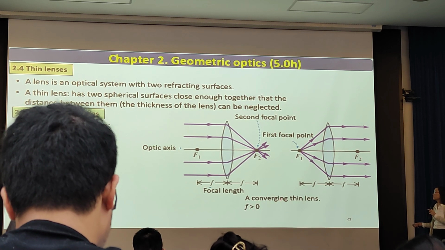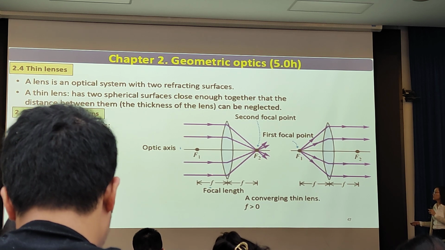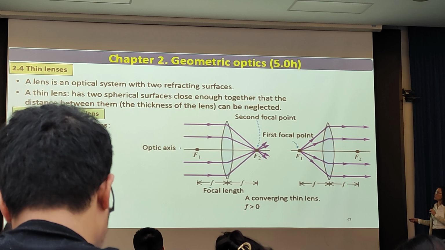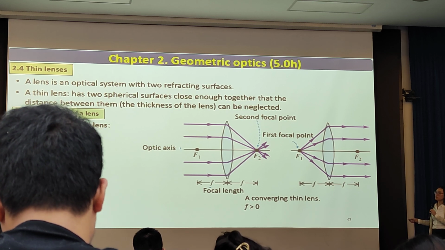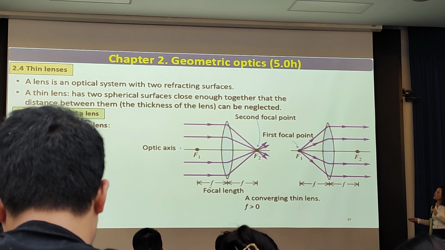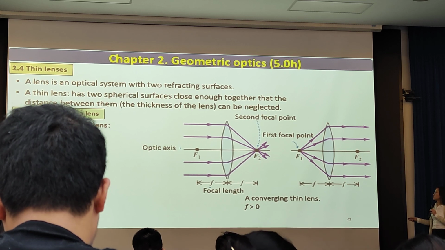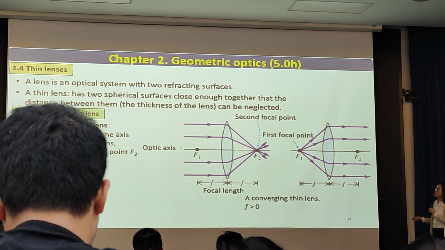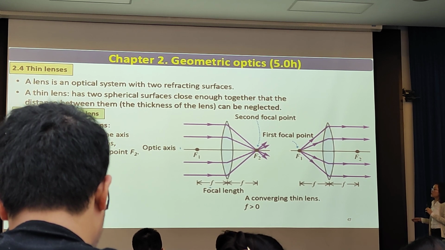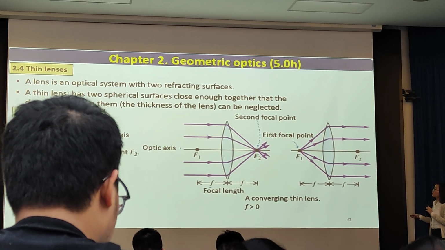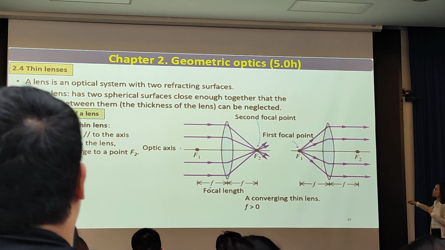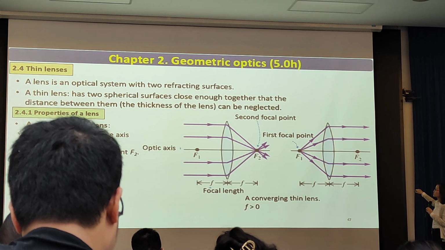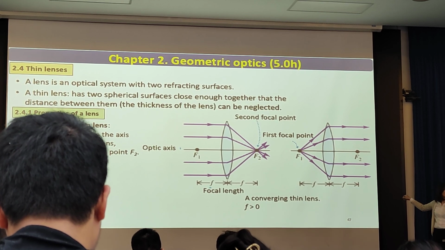So we have the case of a converging thin lens, in which the focal length is the distance from F1 to this center point, which we normally call O. The focal length in this case is positive. So for a converging thin lens, a beam of rays parallel to the axis passes through the lens and the rays converge to a point F2.